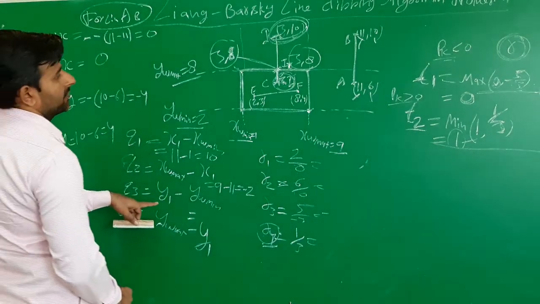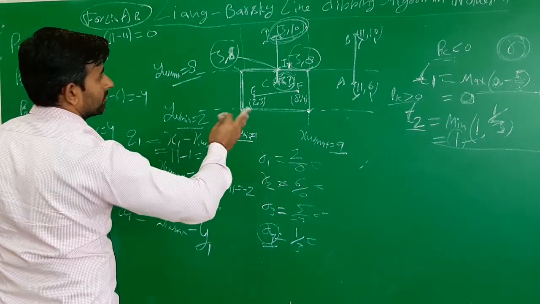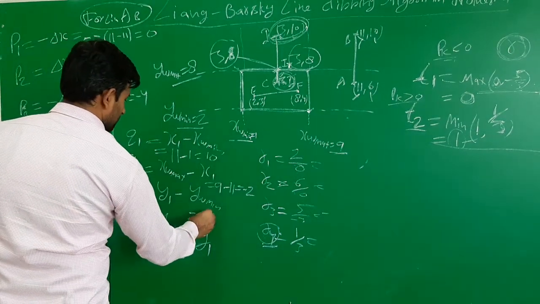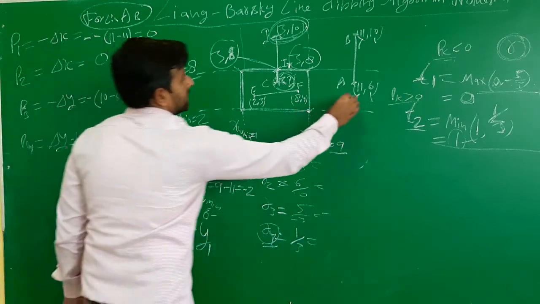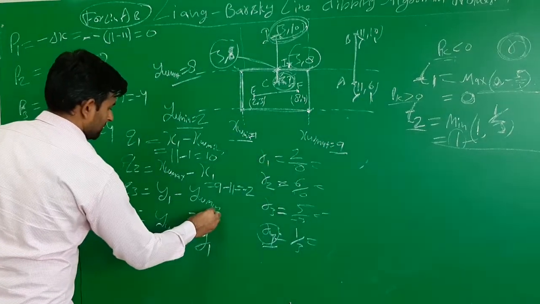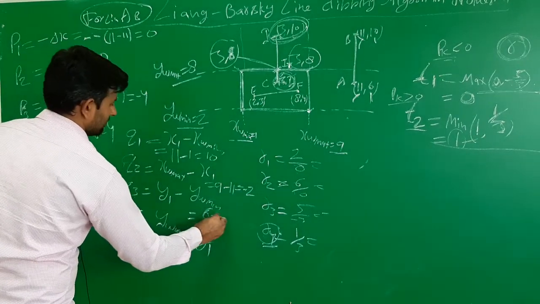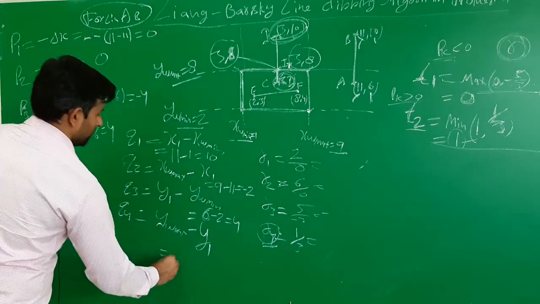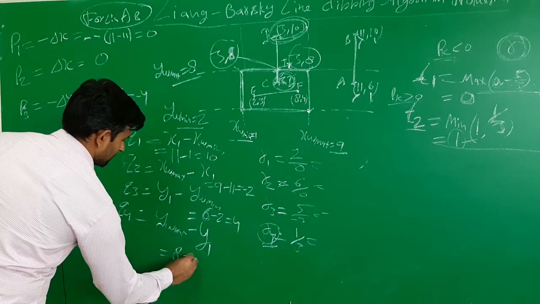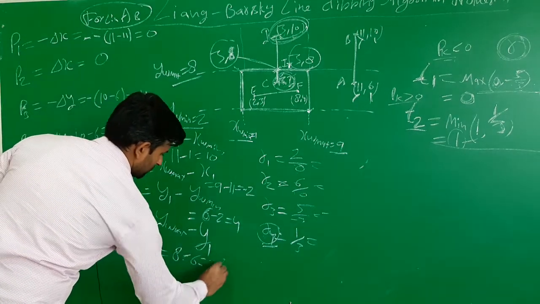For Q3, Y1 is 6. We are taking X1, Y1. Y1 is 6 and YW minimum is 2, equal to 4. YW max equal to 8 minus Y1, which is 6, then it is 2.